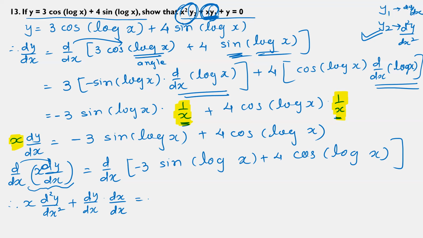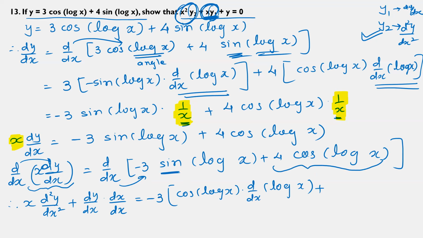Is equal to, now again for this, minus 3 common, a constant outside. Now the differentiation of sine is cos of log x, and the chain rule will be applied for this weird kind of angle. Plus again we'll do the differentiation of the second part also. 4 as it is, cos has a minus sign. So can I write directly? Here I am taking minus 4, I wrote it directly.